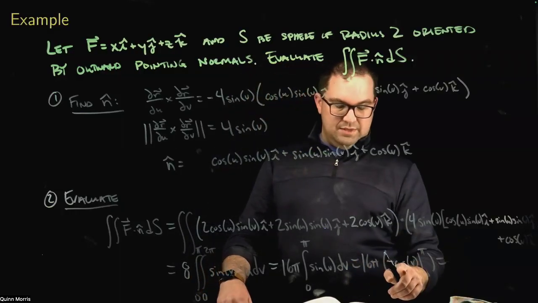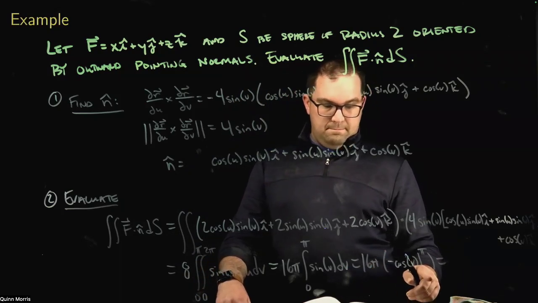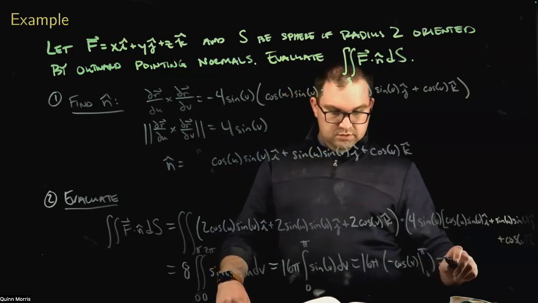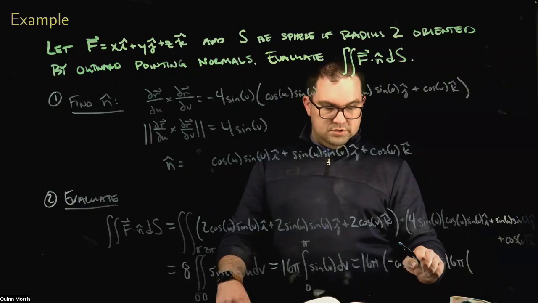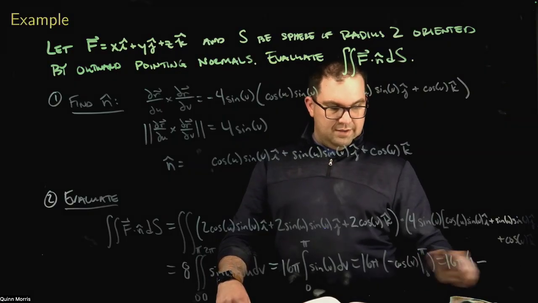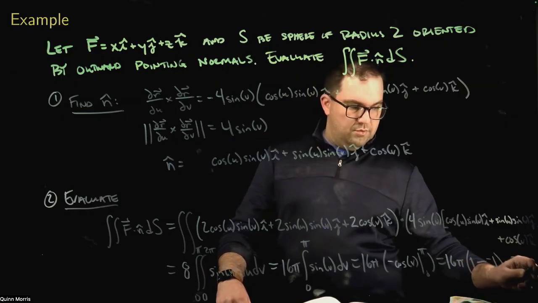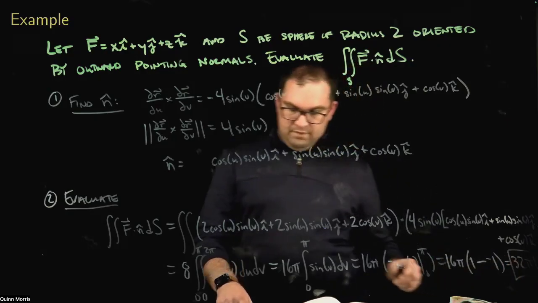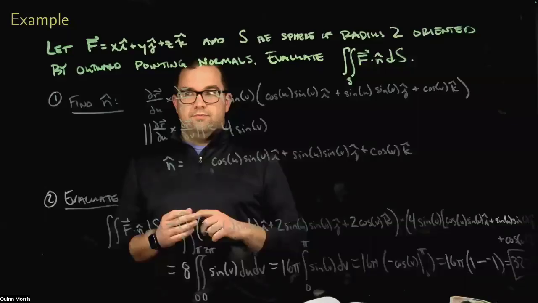At pi, this gives me negative 1, so negative of that is 1, minus the value at 0, which is negative 1. So I get another 2, and I get 32 pi. And so 32 pi is my final answer here.